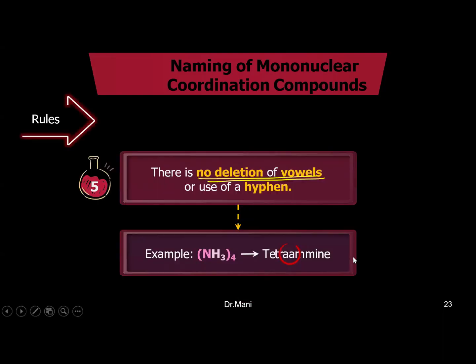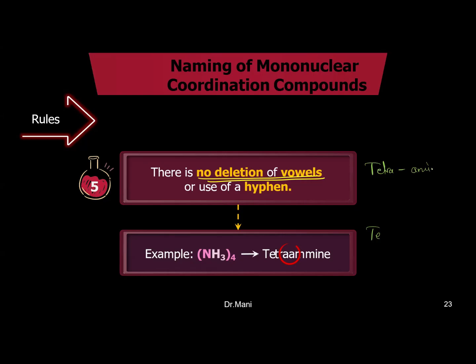There's no deletion of the vowels or use of a hyphen. We will not delete any vowels; we will simply write tetraammi, not putting both the A's together as a single A.